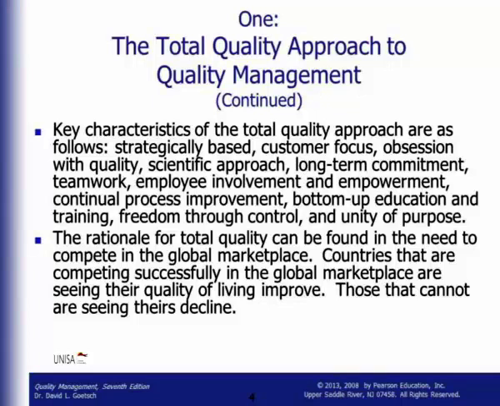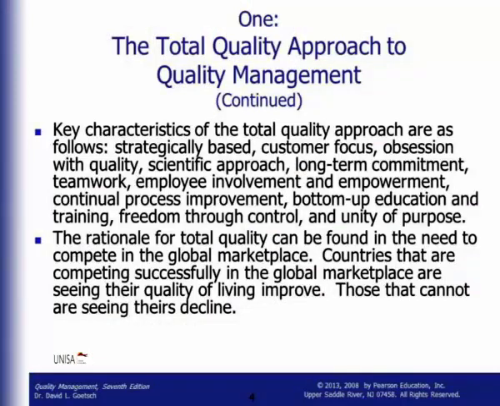The rationale for total quality can be found in the need to compete in the global marketplace. What does it tell us? It basically tells us that we have to be better at what we do all the time because there's competition on an ongoing basis, both internally within the organization, nationally, as well as internationally, because the benchmarks are rising at every stage.